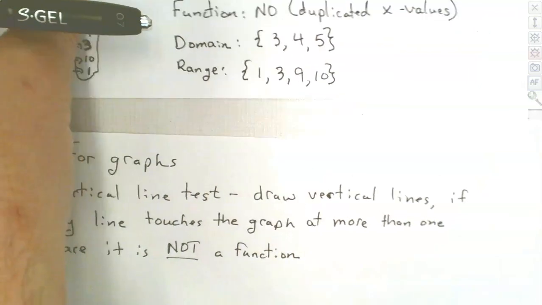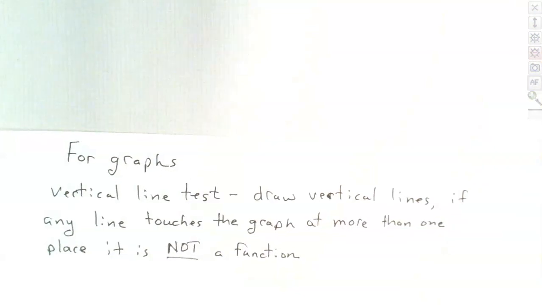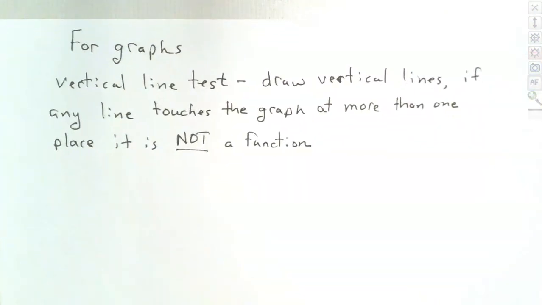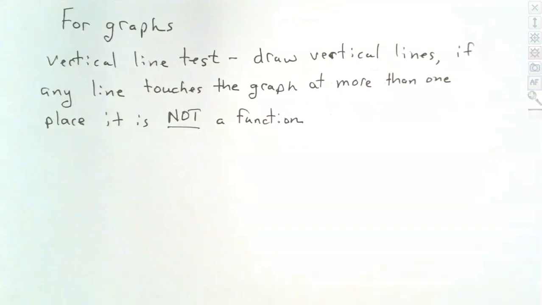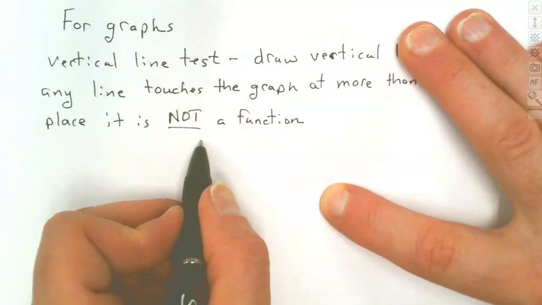So that's our vertical line test. So we draw vertical lines, and if any line touches that graph at more than one place, then it is not a function. Domain again is the values of x. Range is the values of y.